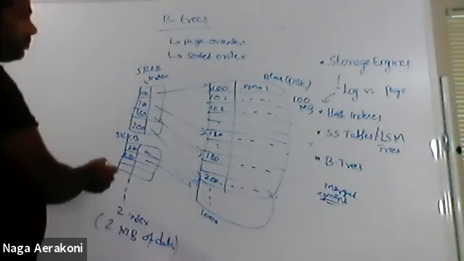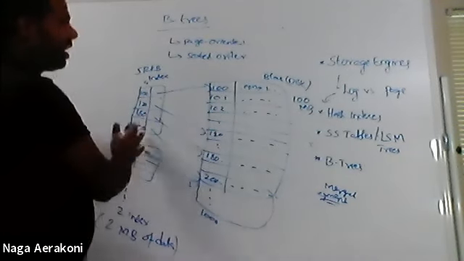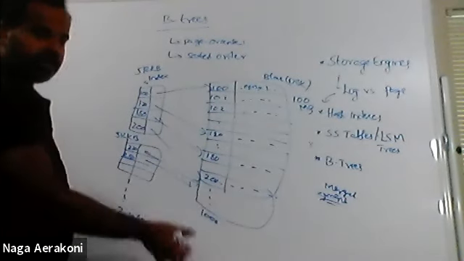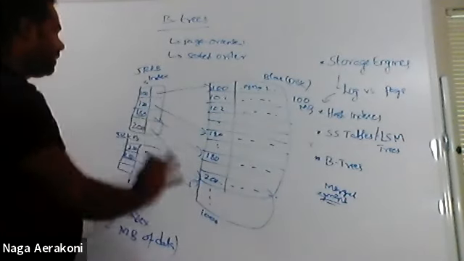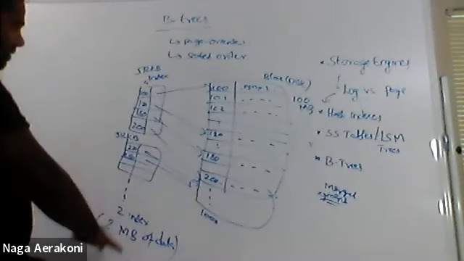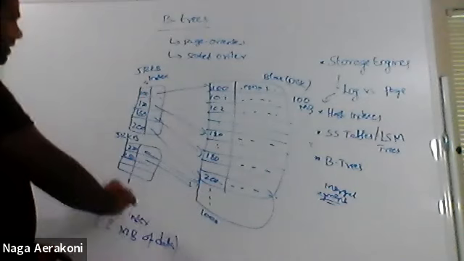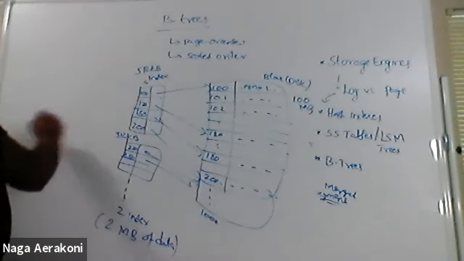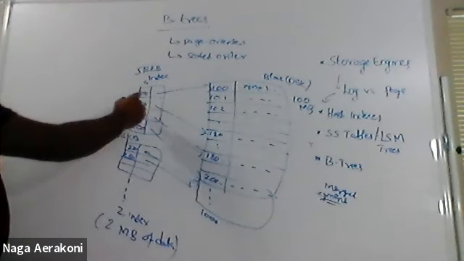So this is just one level of indexes. But if the data keeps on growing, we cannot fit the whole data into this. We cannot keep on growing these indexes, right? We need to have this first level index, but we should also be able to have another level of index to point to this.